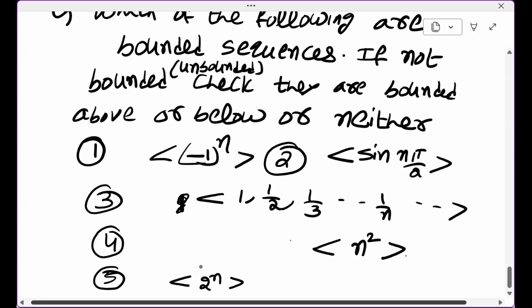Let us see. So someone is responding, good response. 1 and 4 are bounded, 4 unbounded. Let's check. 1 and 2 bounded. If they are unbounded, why are they unbounded? That's what I also want. So let us check.